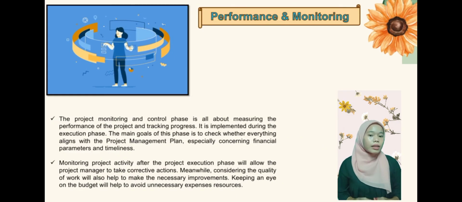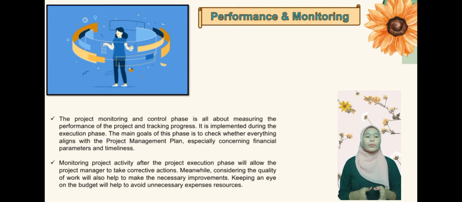Okay, the next step is the monitoring and control phase. The project monitoring and control phase is about measuring the performance of the project and tracking progress. It is implemented during the execution phase. The main goal of the phase is to check how everything compares with the project management plan, especially current financial parameters and timeliness.